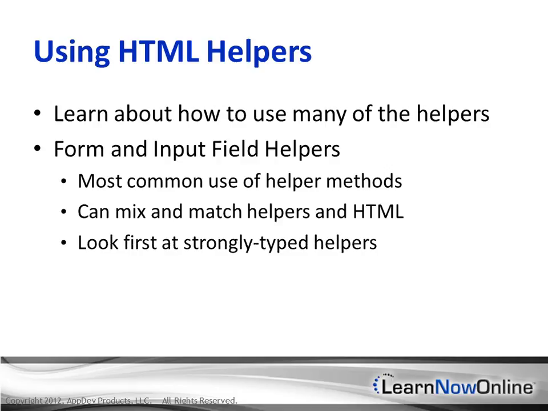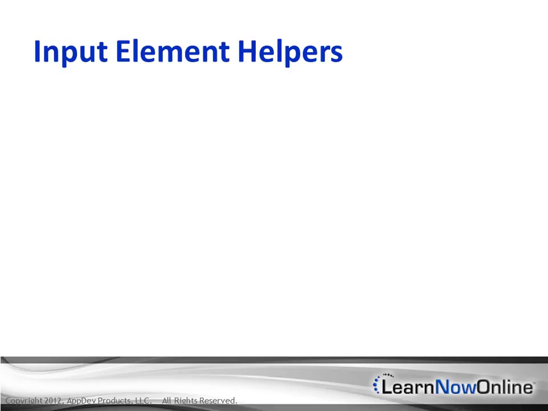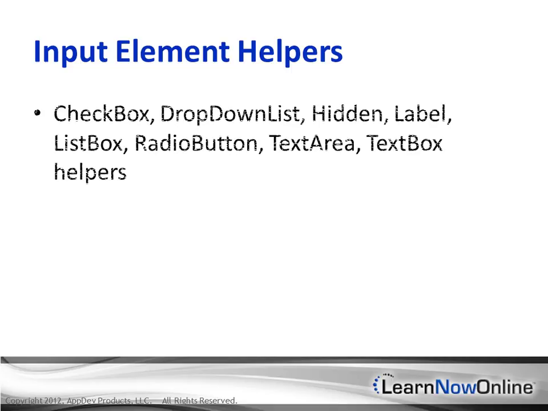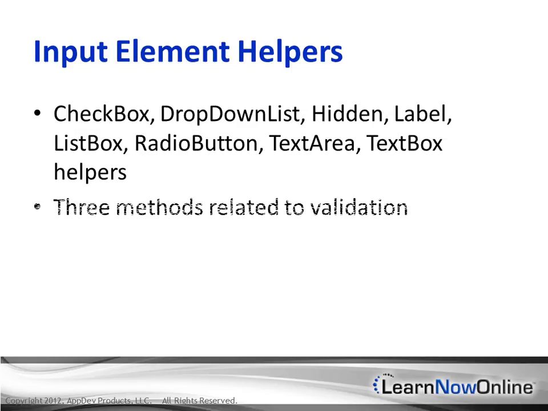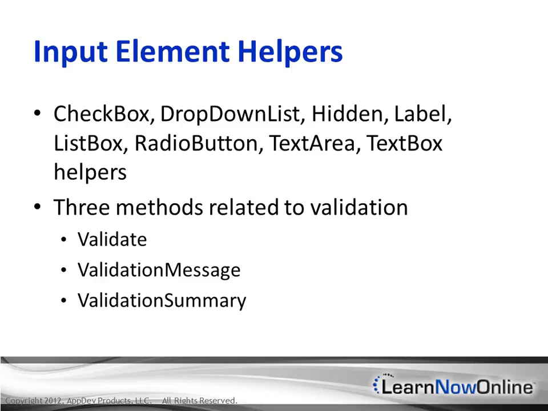The first thing you should look at are the strongly typed helpers before you venture on to some of the more custom ones. Input element helpers are like CheckBox, DropDownList, Hidden, Label, ListBox, RadioButton, TextArea, TextBox, and so forth. There are three methods related to validation: Validate, ValidationMessage, and ValidationSummary.